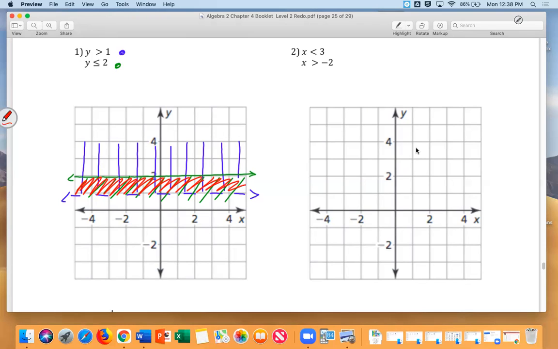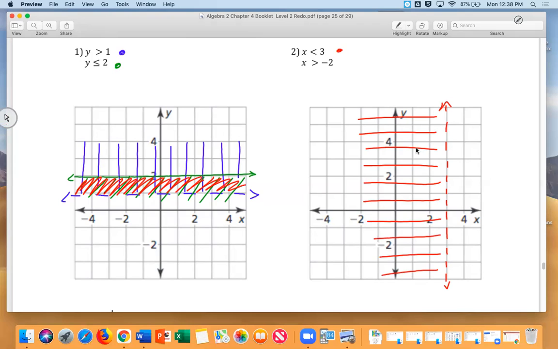Number 2, x is less than 3. That's going to be a dotted vertical line through 3. Less than, we're shading this way towards me. And then this one says x is greater than -2.